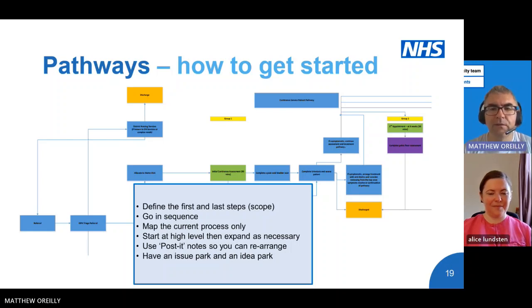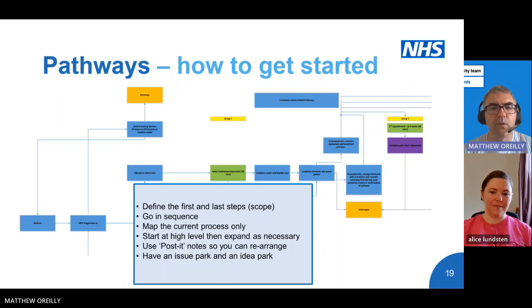And this pathway map helped the service lead identify a number of different parts of the pathway where there were differences between teams that had come together from different organisations to form a new team, but improvements that could be made to make things more consistent and to streamline some of the elements of the pathway.